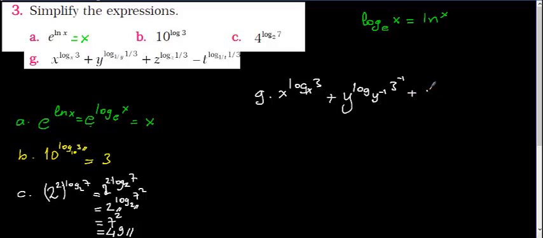And z to the power of logarithm base z of 1 over 3, minus t to the power of -1, to the power of logarithm base t of 3. Okay, here the first one is going to be equal to 3, because the logarithmic base and exponential base are the same.